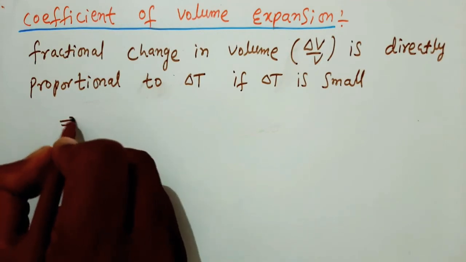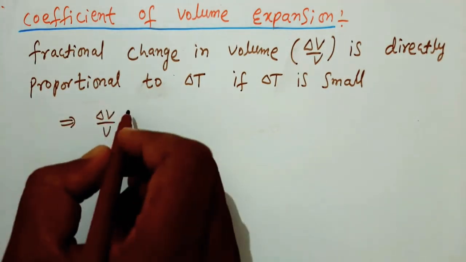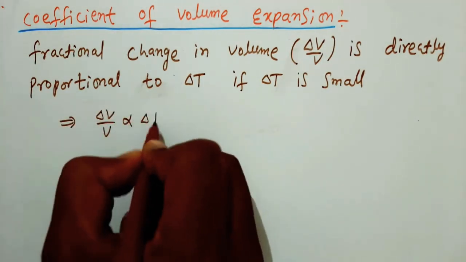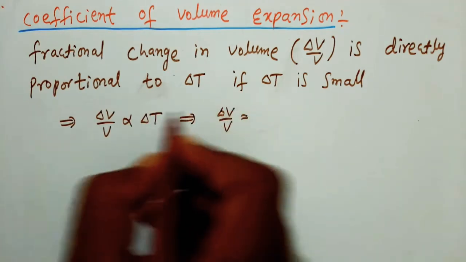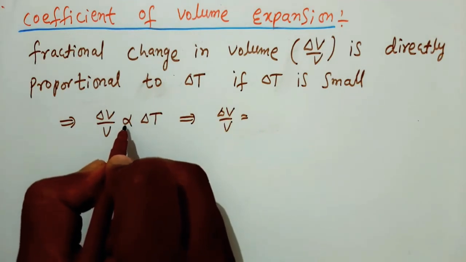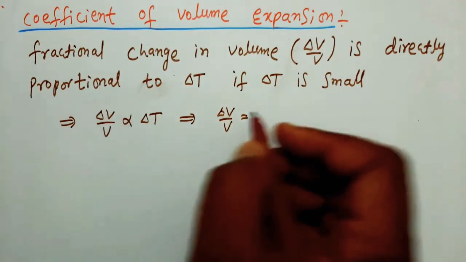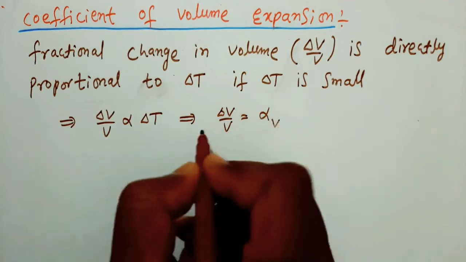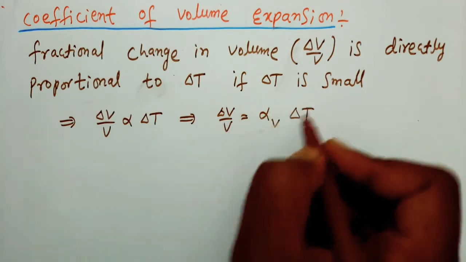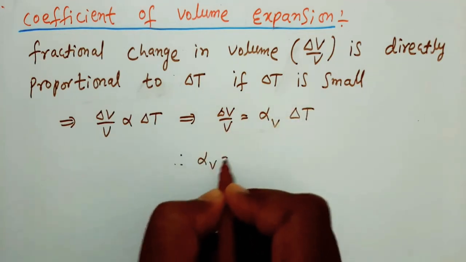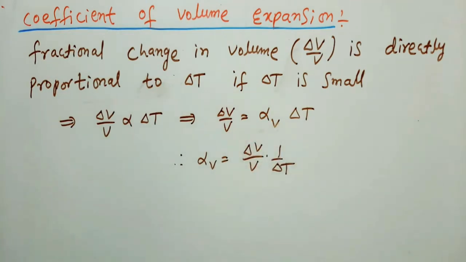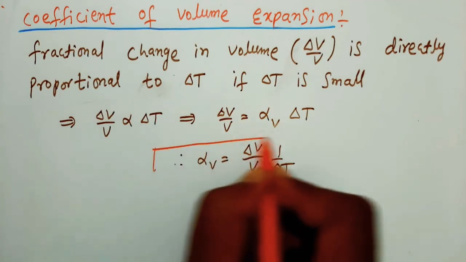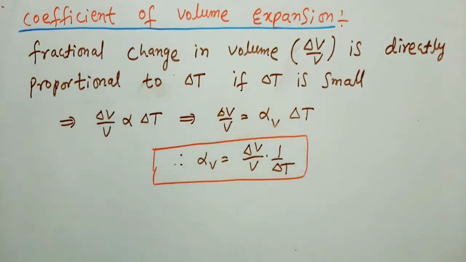If we remove proportionality, we have to take a proportionality constant, that is alpha V into del T. So from this, alpha V is equal to del V by V into 1 by del T. This alpha V is known as coefficient of volume expansion.